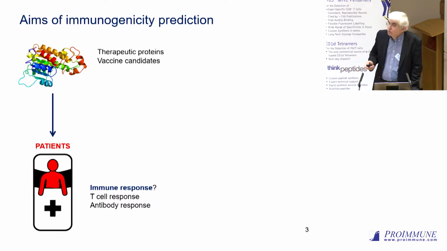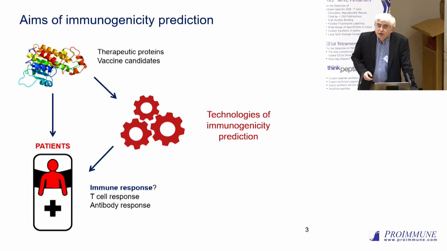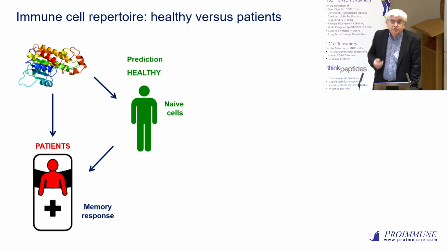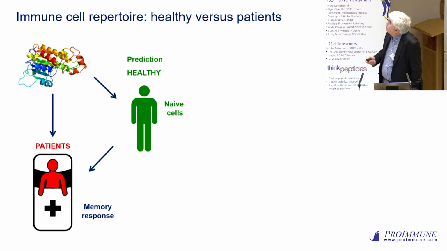For this reason, we look for technologies of immunogenicity prediction, especially because we know that the animal models are not really informative. So we need alternatives. And the alternative is the LC donors. And we try to get as much as possible information from the LC donors.